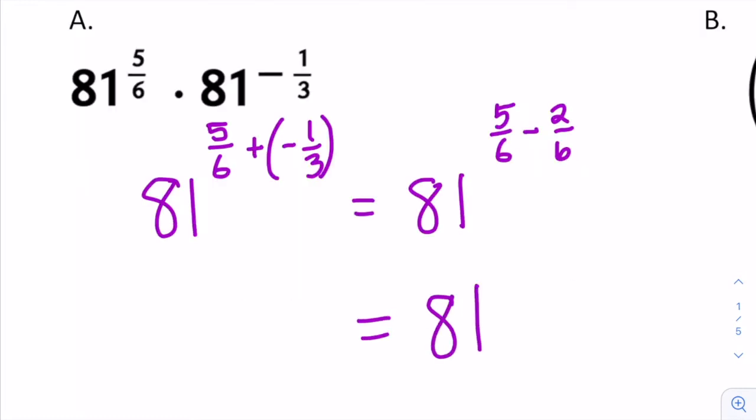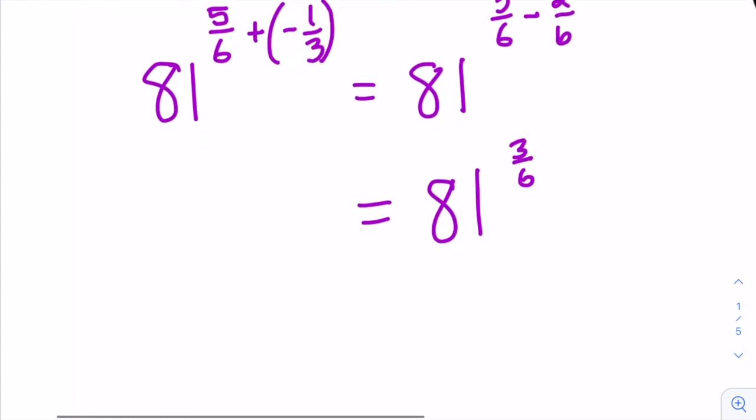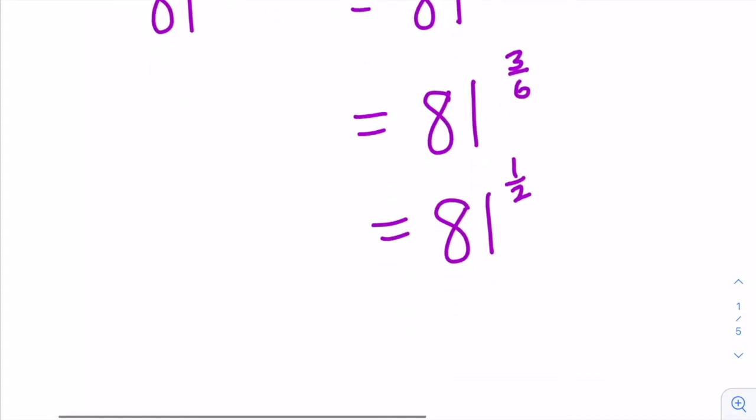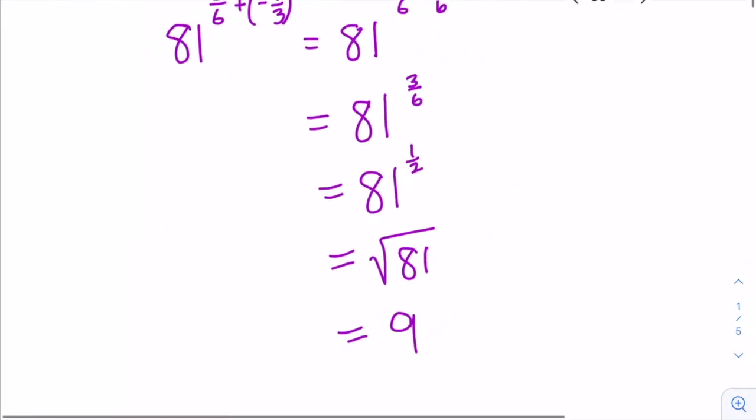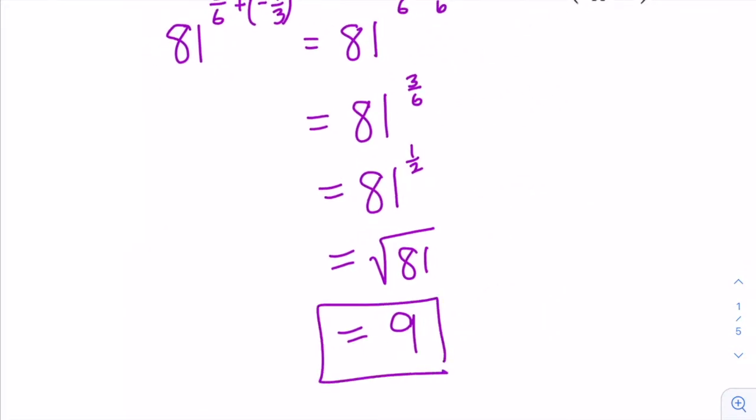So we have 81 to the 3/6, which is 1/2, right? So that reduces to 1/2. And we should remember that the 1/2 power is really the square root of 81. And that whole expression simplifies to 9. So that's going to be our answer in simplest form.